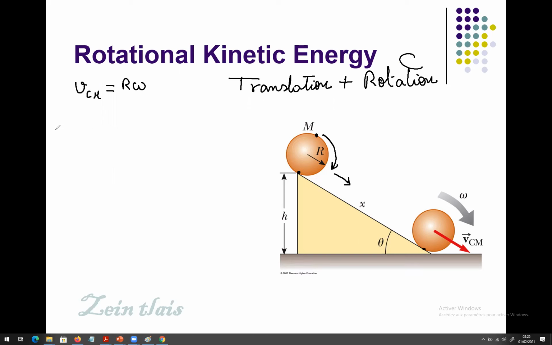In this case, we can say the kinetic energy of the total ball equals to the rotational kinetic energy half I omega square plus the translational kinetic energy. Here, be careful. We have ICM.